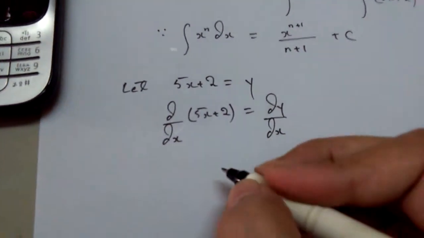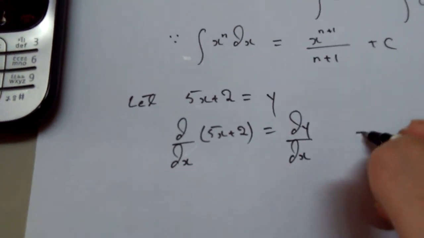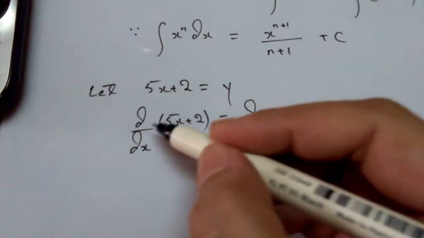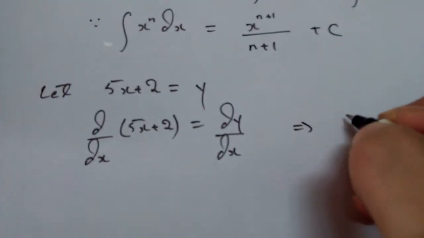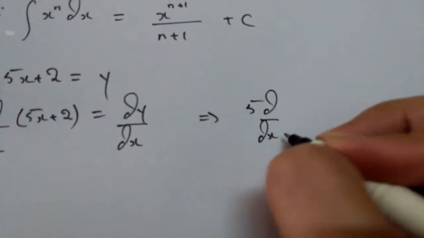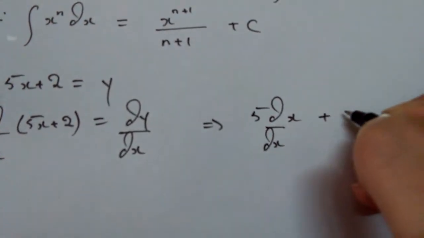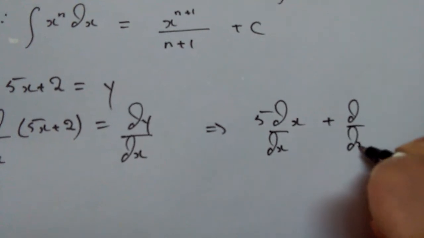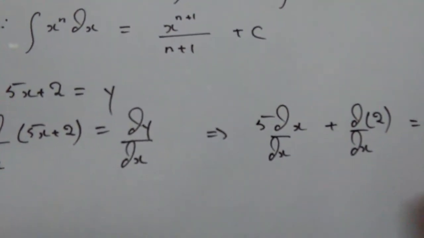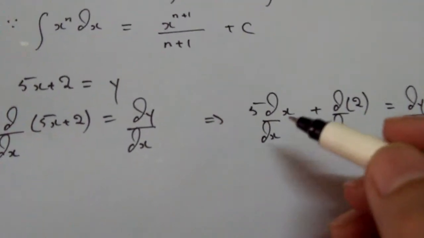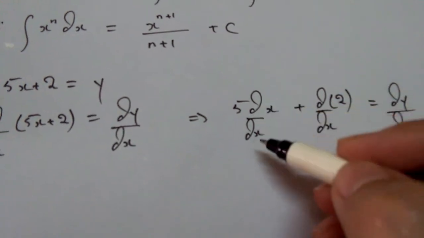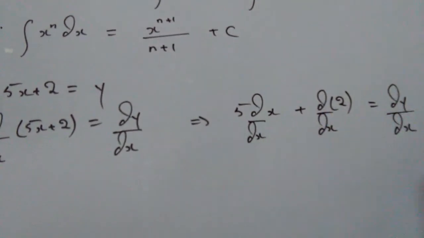So you have this. Just apply the differential operator individually to both these terms. It is going to be written like this. The derivative of x with respect to x is 1.